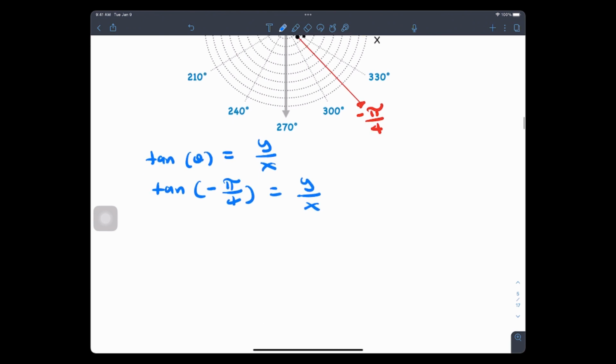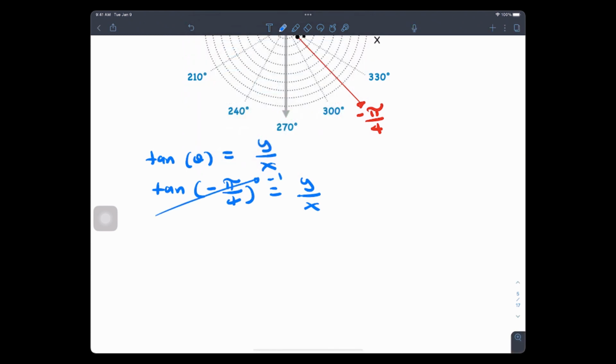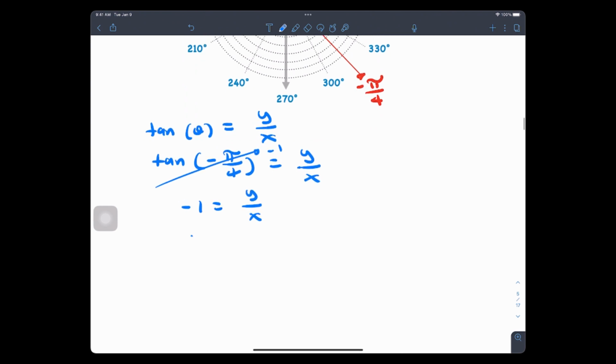Do you guys know what tangent of a negative pi over 4 is? Is that negative 1? That negative 1, ladies and gentlemen? So what does that mean? That means y is negative x.